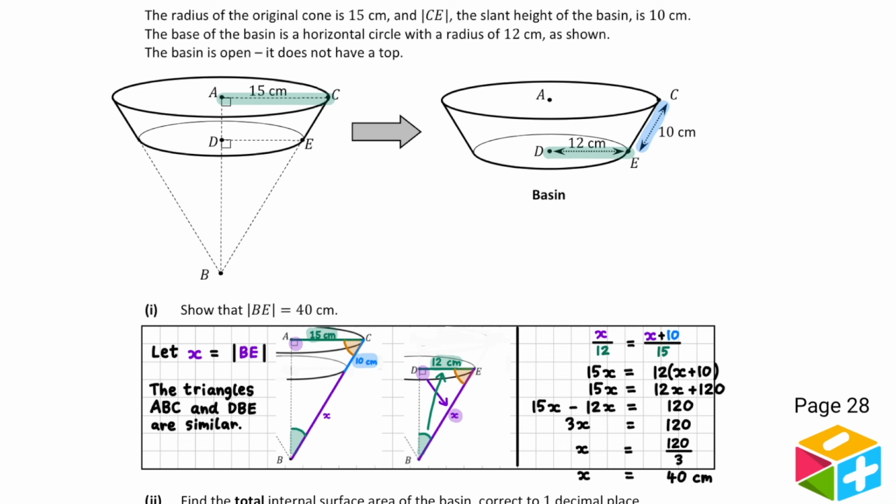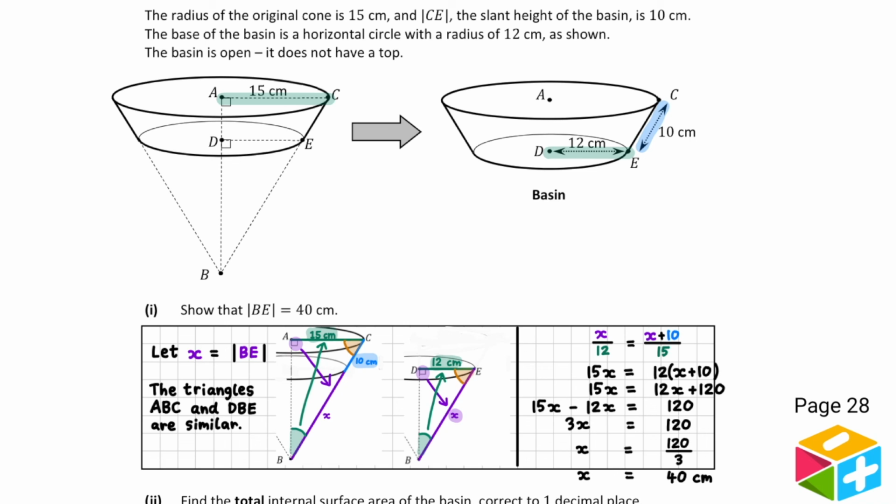So the ratio of these two sides is x over 12. Since our triangles are similar, we know that this will be equal to the ratio of the same two sides in the triangle ABC. Well, in that triangle, the side opposite the right angle is x plus 10, and the side opposite the angle at B is 15. So the corresponding ratio is x plus 10 over 15.